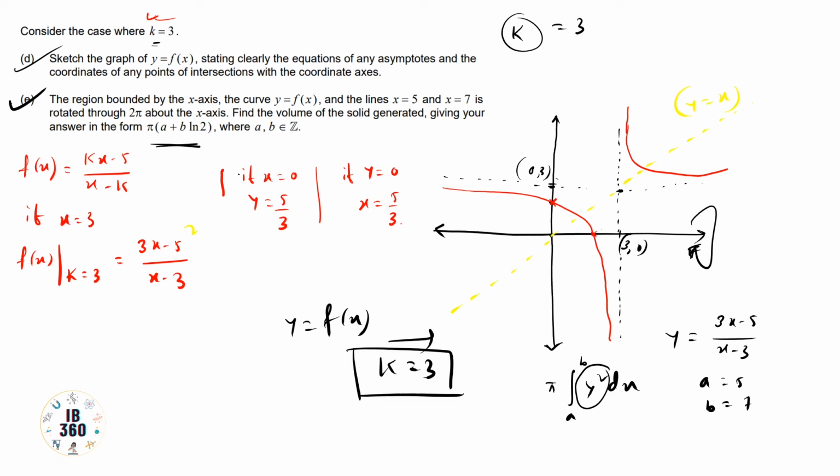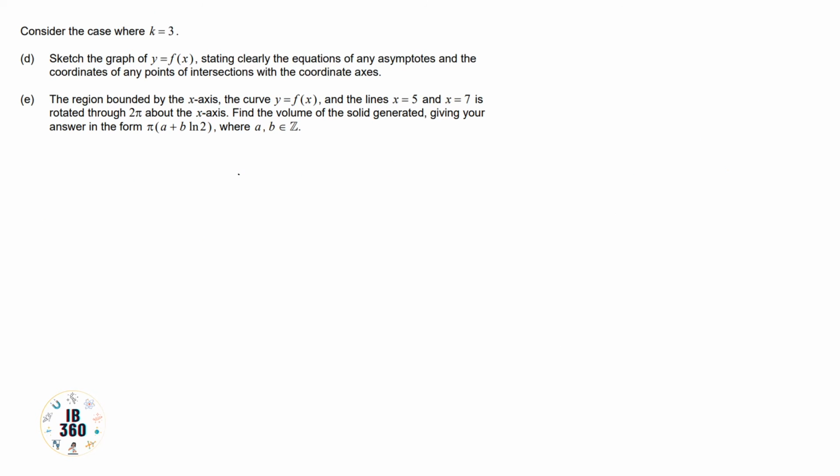So obviously you just have to integrate this part only, that is pi times the integral from 5 to 7 of ((3x minus 5) divided by (x minus 3)) whole squared dx. Okay, so let's do this. V equals pi times the integral from 5 to 7 of ((3x minus 5) divided by (x minus 3)) whole squared dx.